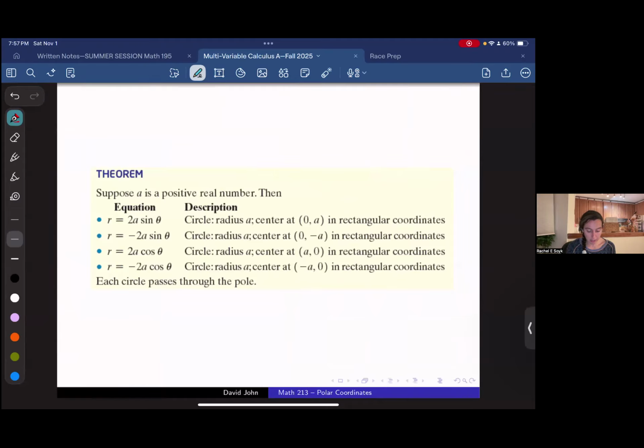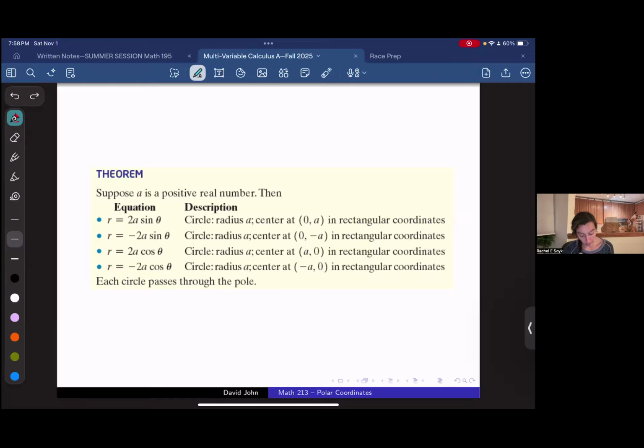So this is just a slide summarizing everything. If you have your equation r is equal to 2a sine theta, then our radius is going to be a, our center is going to be 0, a, and then if it is negative, then our center point is going to be negative.